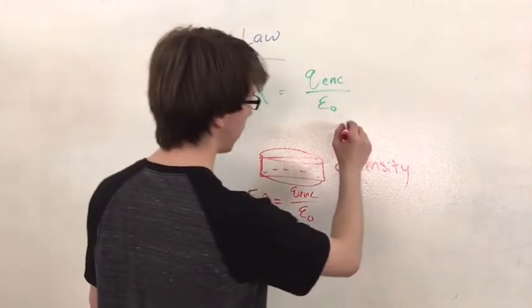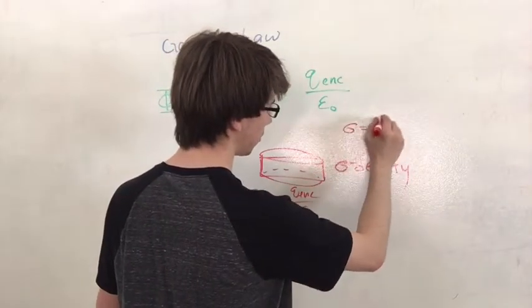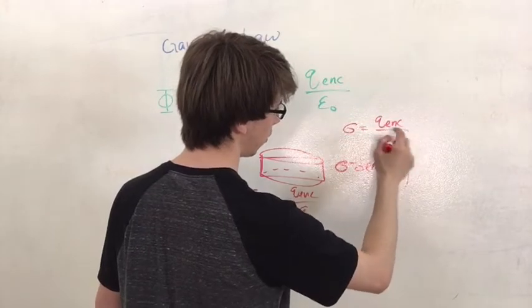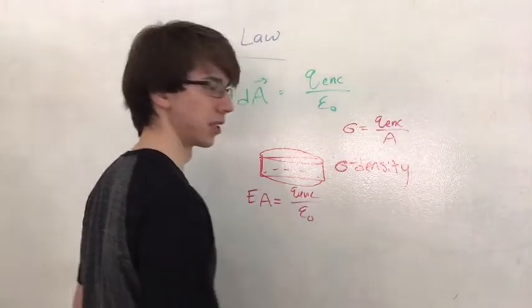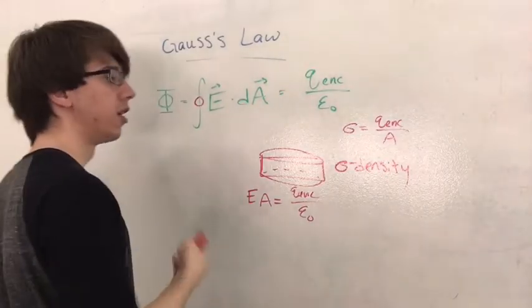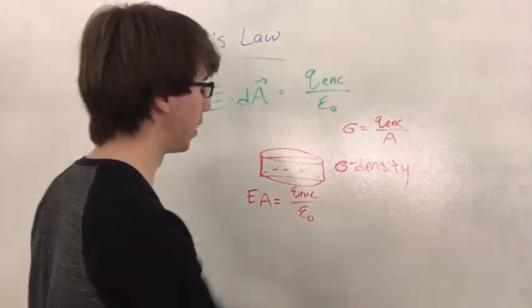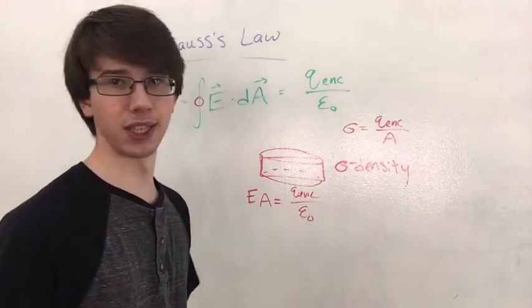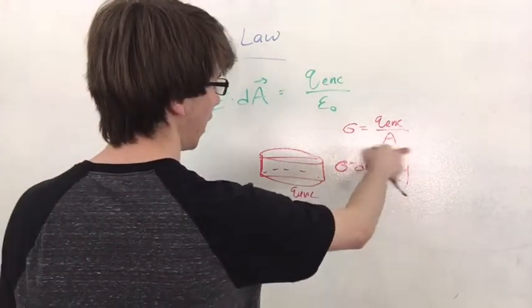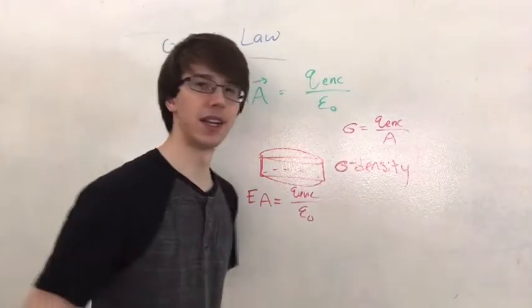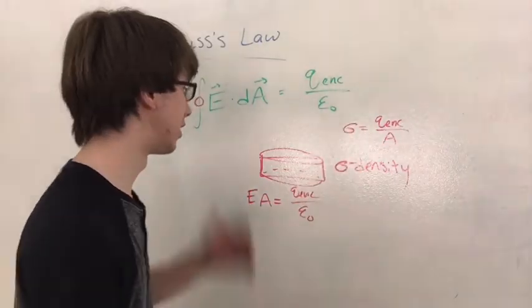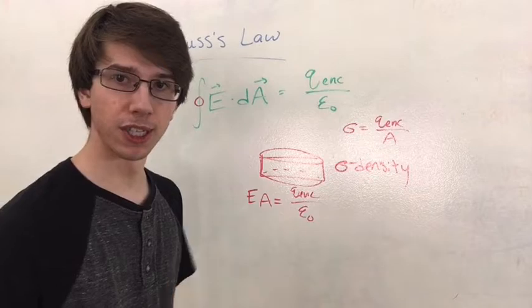We know that sigma is equal to the enclosed charge over the area, because it's the area density. Since it's uniform, this is all we need to know, because no matter the area of our surface, the area density will remain constant. That's what it means to have a uniform density.